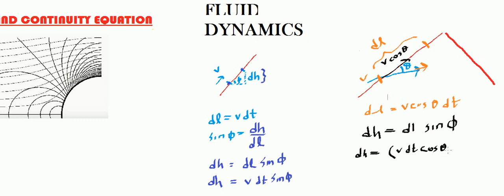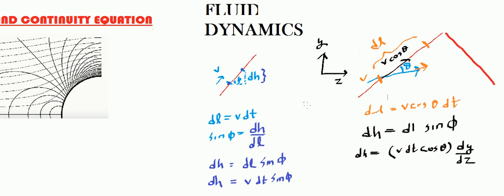And what is sine phi? For small angle, sine phi is equal to tan phi. So you can easily write sine phi is dy by dz. So let us see what is dy. So consider this direction is the y direction and this direction is the z direction.